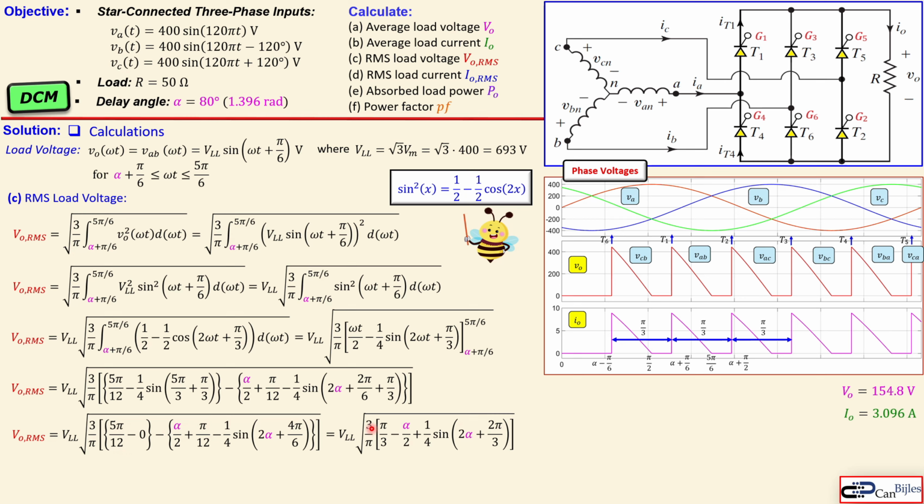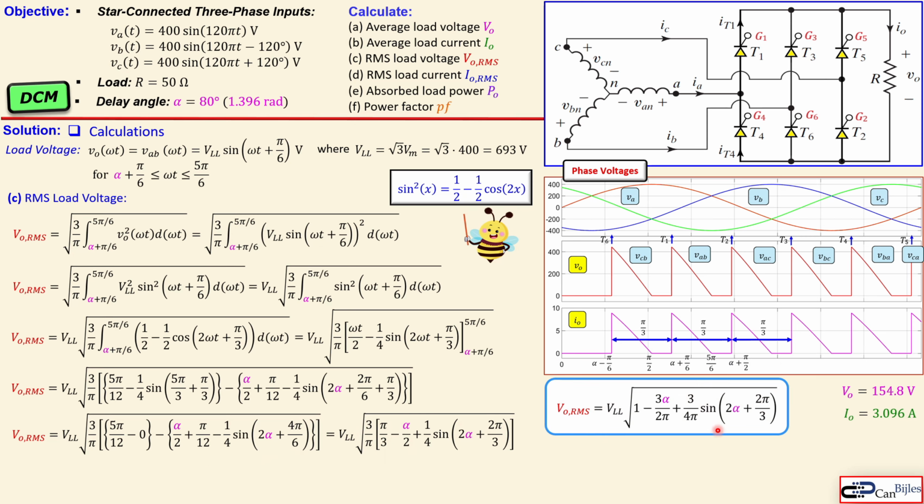Now we can work out this 3 over pi inside the square brackets, so we have 3 over pi times pi over 3, which is just 1, and also the other 2 parts, and then you get the expression we actually wanted for our RMS load voltage, which is more work. You see that compared to the average load voltage, because we have this square and other things which take some more time.